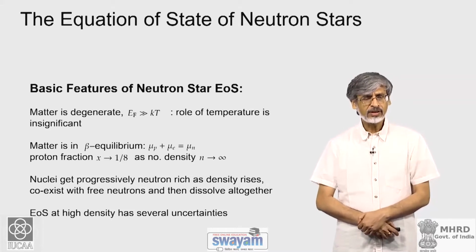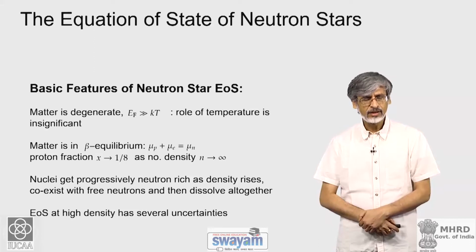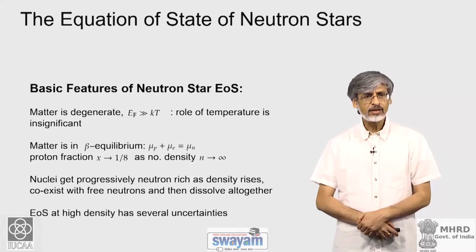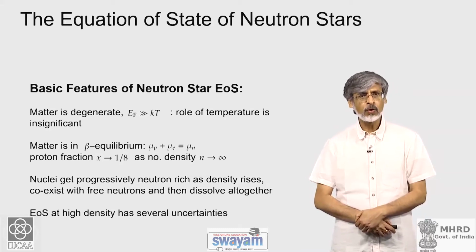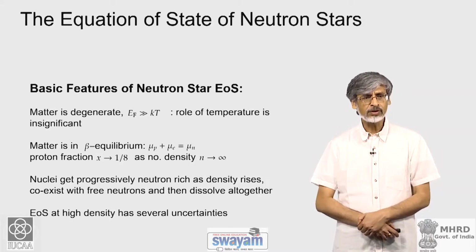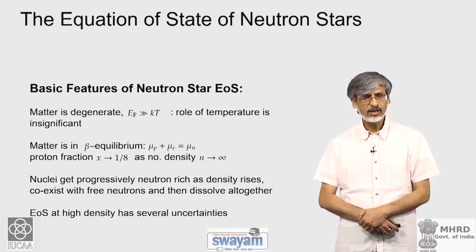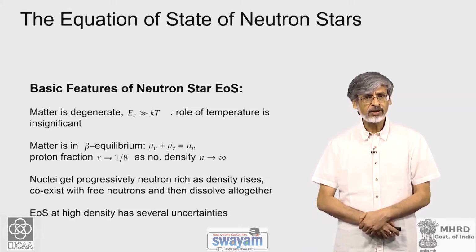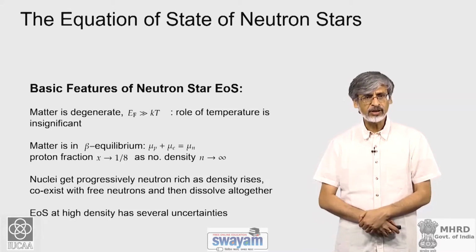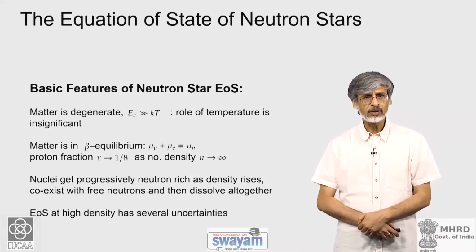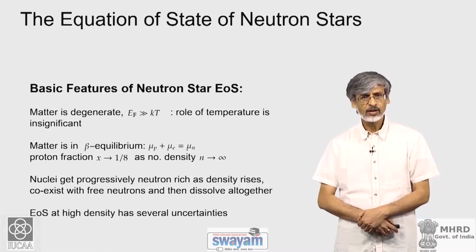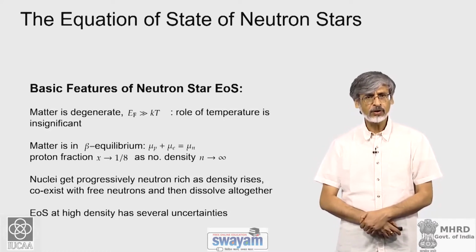At some point, the A by Z becomes so large that it becomes difficult for the nuclei to hold any more neutrons within the nucleus, and at this point free neutrons begin to appear as an admixture with neutron rich nuclei which are already present. So, this is called a neutron drip.